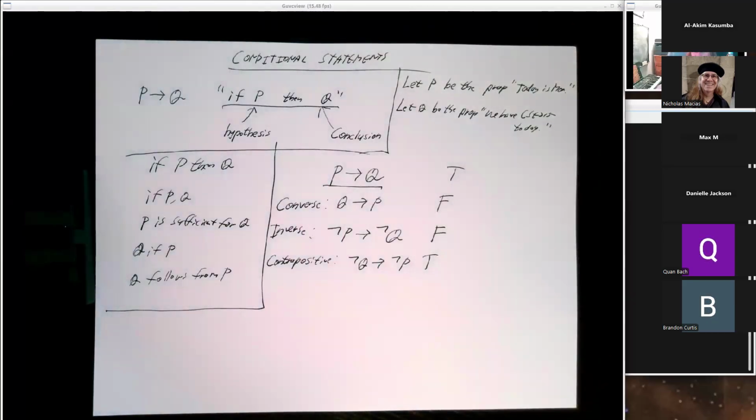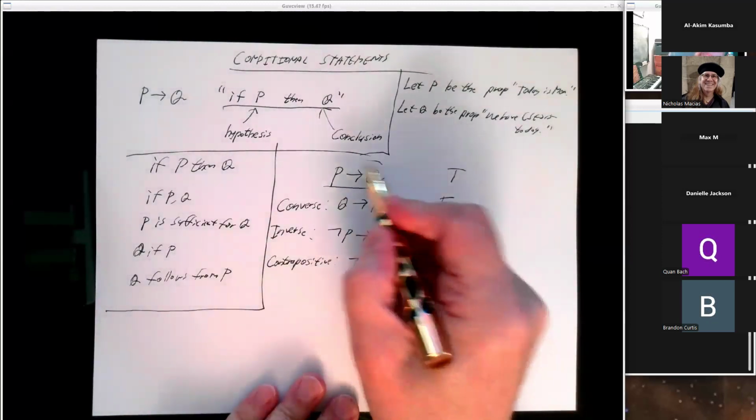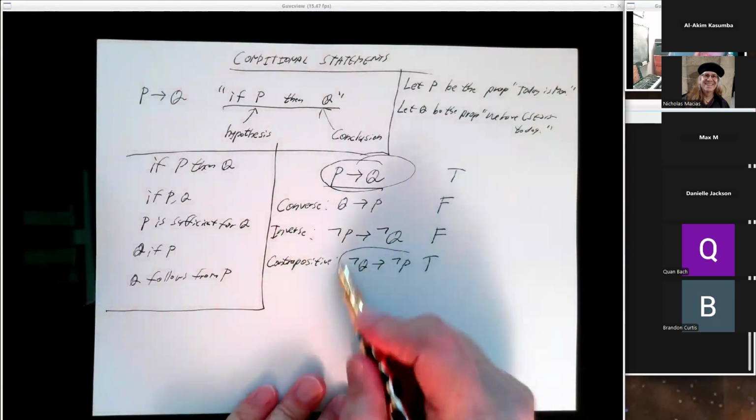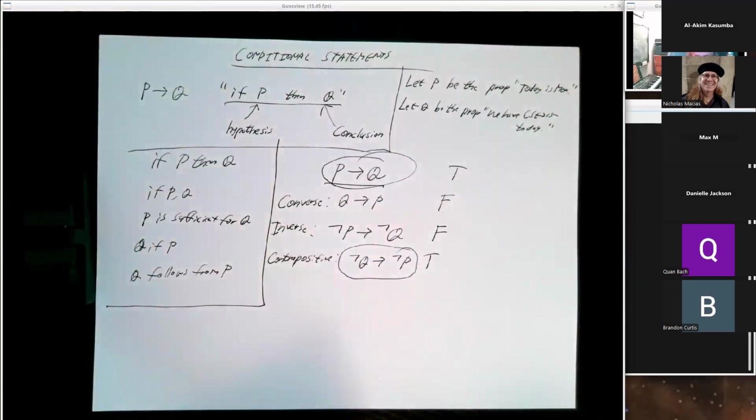So the converse and the inverse are not the same as the original proposition. But it turns out that the original proposition and the contrapositive always have the same truth value. They're either both true or they're both false.